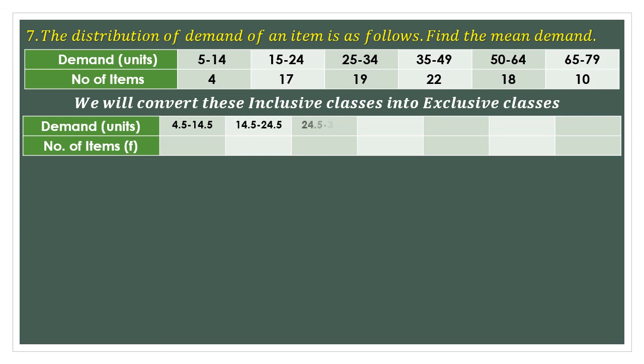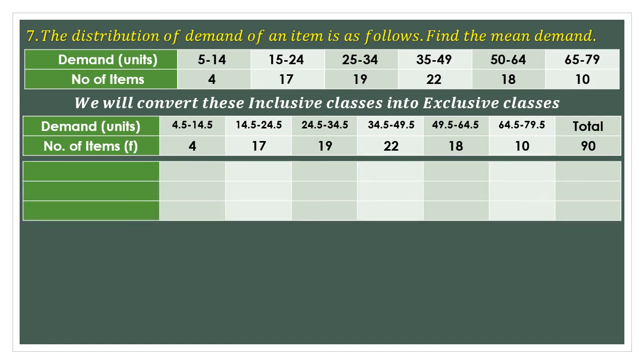So you will get the classes like 14.5 to 24.5, 24.5 to 34.5, 34.5 to 49.5, 49.5 to 64.5, 64.5 to 79.5. So now, as you can see, all the classes have become exclusive. Just copy down the frequencies once again, because frequencies are not going to change here. We are just creating exclusive classes out of the inclusive classes. The total frequency is 90.